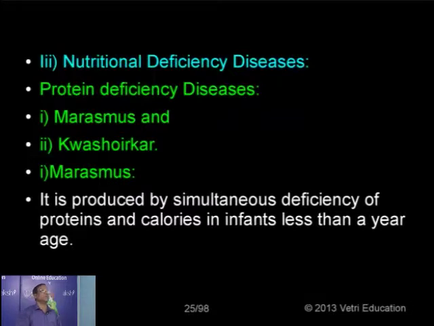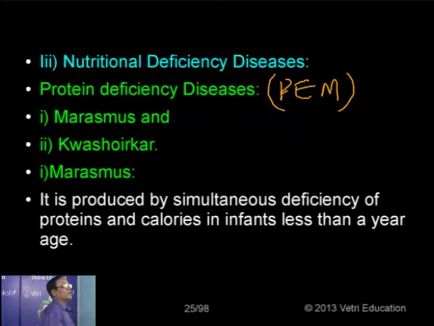Because of nutritional deficiency, because of malnutrition, if the child is not properly fed, then we have the nutritional deficiency diseases. First, let us take the protein deficiency diseases, also called protein energy metabolism disorders, PEM. It is not only because of the protein deficiency, but also because of the energy deficiency.